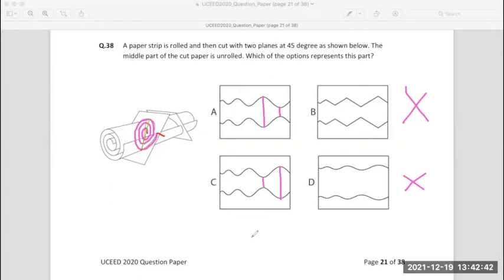Can anybody let me know just by this observation which is a possible answer? What I'm trying to tell you is this position of the bigger width and the starting point's placement, they're very close to each other.